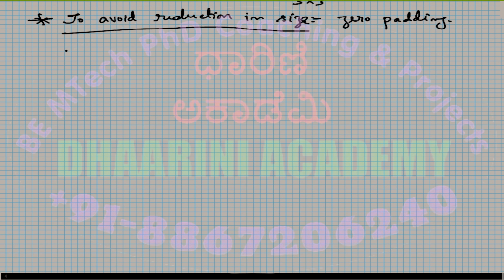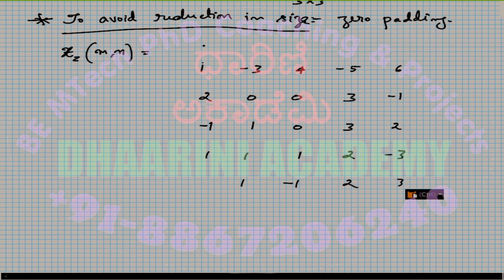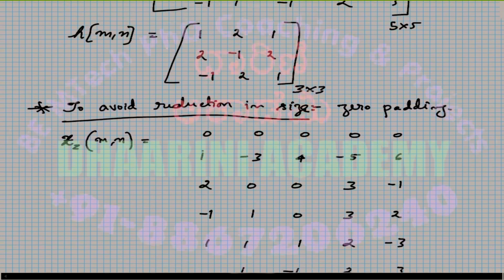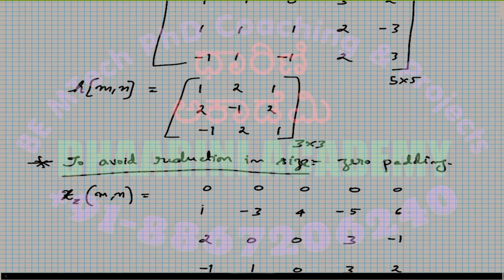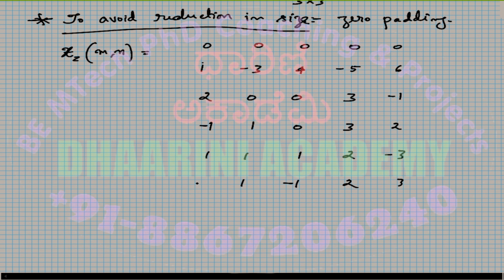Zero padding. For x, I'll write a notation z here, just to say that this is zero padded, of n, comma n, is equal to. Now let me paste that. Now you see I pad zeros, one row of zeros above. One of the numbers has not been copied, it's minus one, so there is a minus one here.